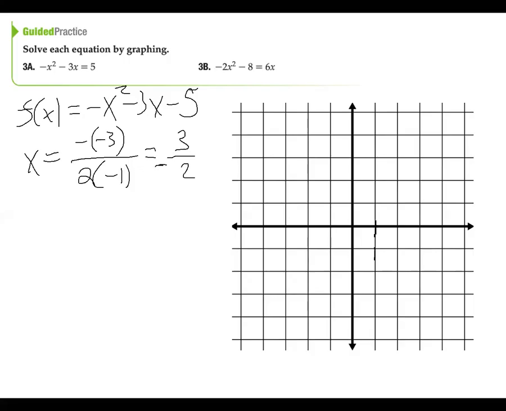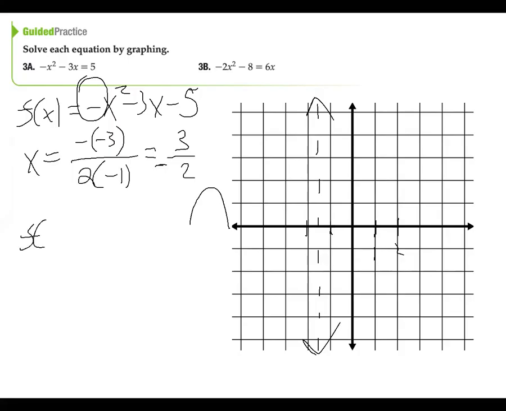So this is 1, that's 2, negative 3 halves is right here. Okay? Now, I know that since the leading coefficient is negative, it's going to open downward. So I just have to make sure I know where the vertex lies.